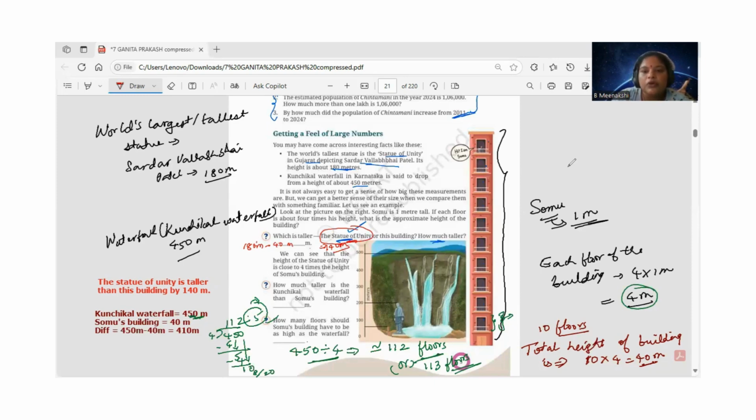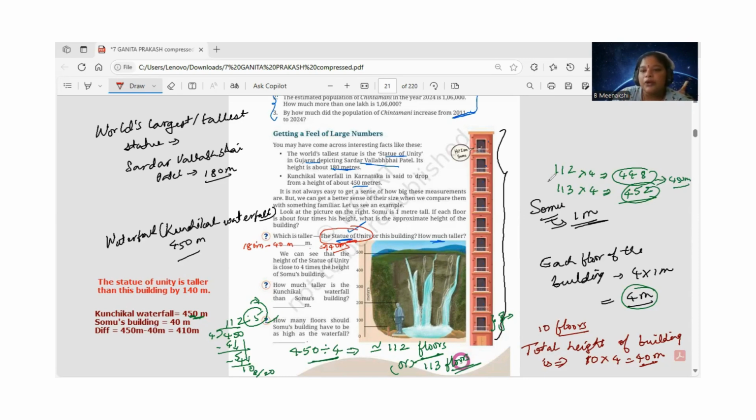So even if you multiply 112 into 4, you'll get somewhere around 448, which is nearly 450 meters. Similarly, if you multiply 113 by 4, because each floor is 4 meters, 4 threes are 12, 4 ones are 4 plus 1 is 5, and 4 ones are 4. So nearly 452. Both are closer to 450 meters.